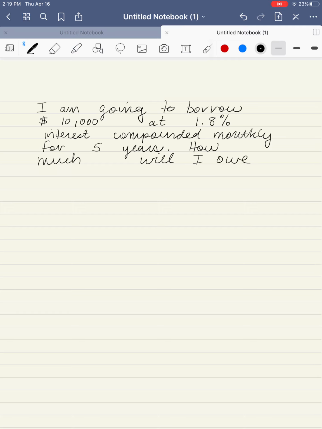How much will I owe to pay back the loan? And I'm just going to borrow a lump sum at the beginning and then pay it all off at once at the end.